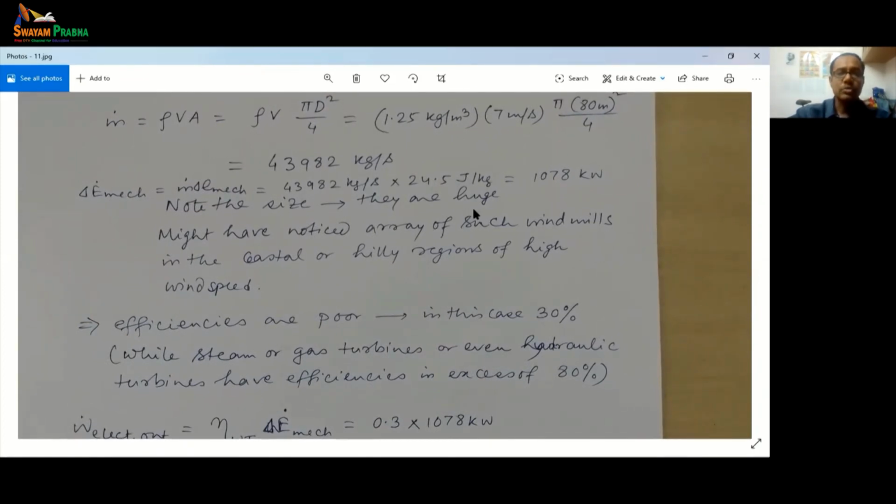Here I bring your attention to the size. These are huge windmills, and you might have noticed this array of such windmills in the coastal or hilly regions, where usually the wind speeds are high, as well as you have enough vacant, uninhabited land space, so that you can put up these windmills.